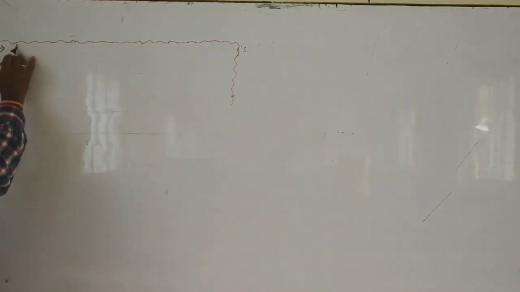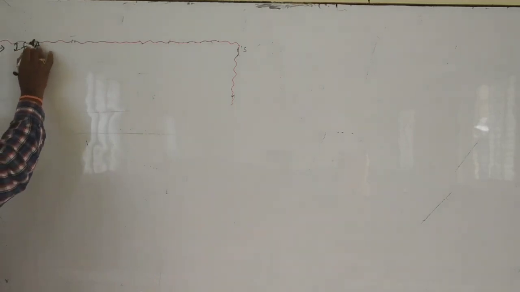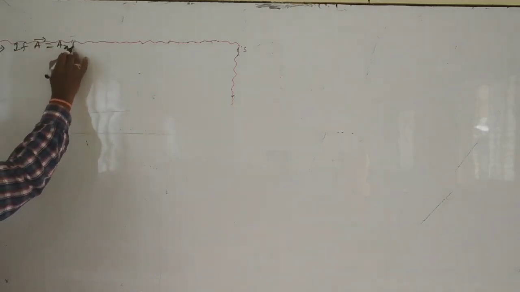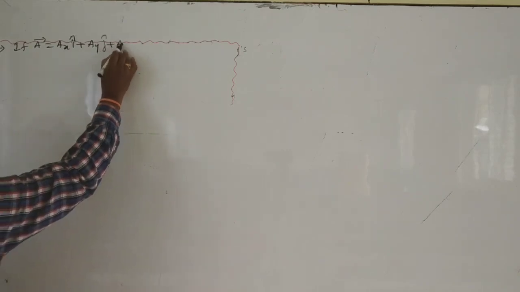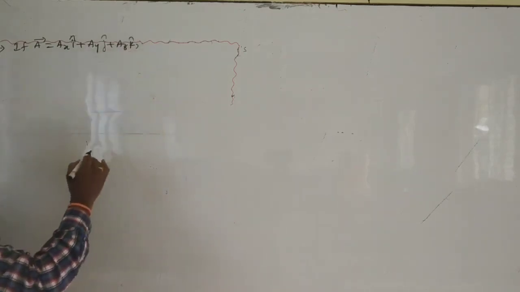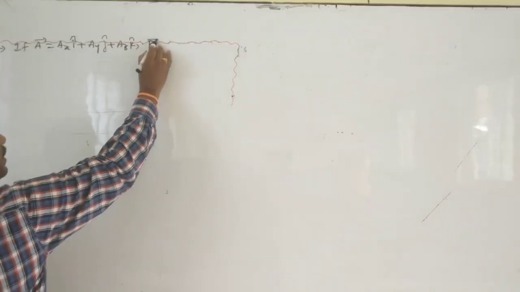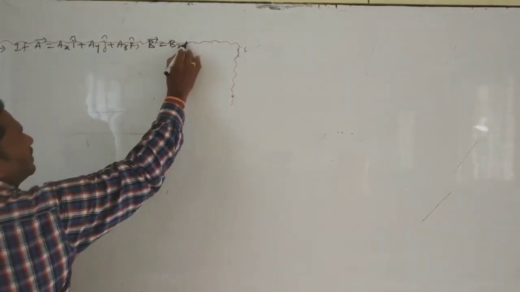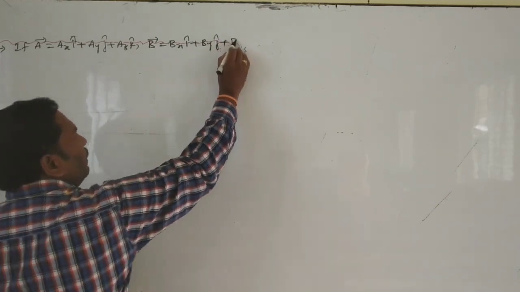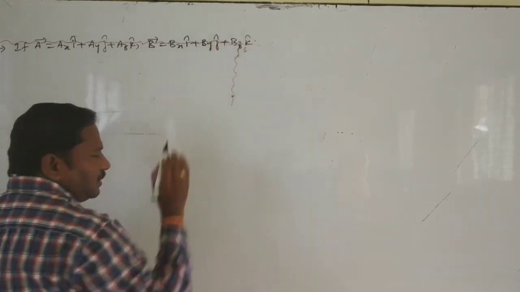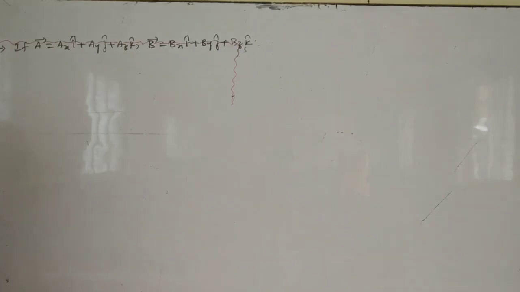Next, if A bar equals Ax i cap plus Ay j cap plus Az k cap, and B bar equals Bx i cap plus By j cap plus Bz k cap. Now what does it give for the dot product?